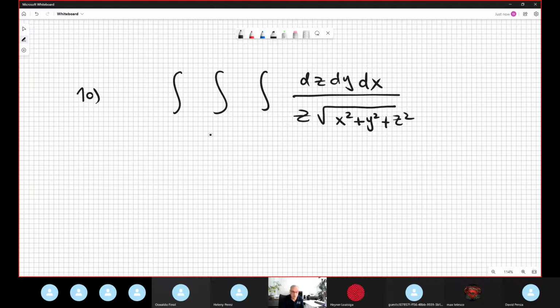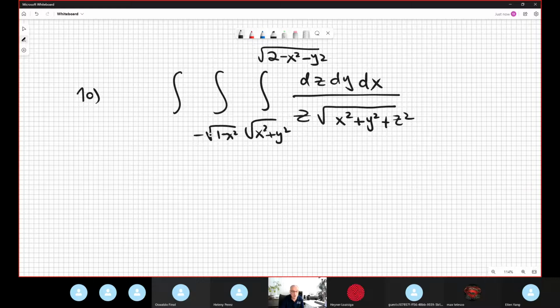So this is from square root of x squared plus y squared. This is very, very similar. No complication. This is changed a little bit. And this is -1 to +2. It's given. I need to change to spherical coordinates.